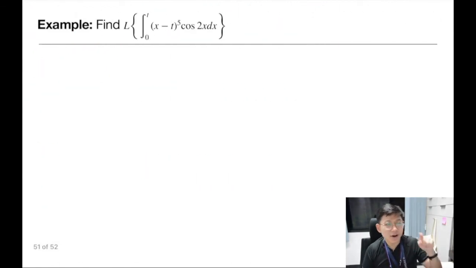Next, find Laplace transform of this function.